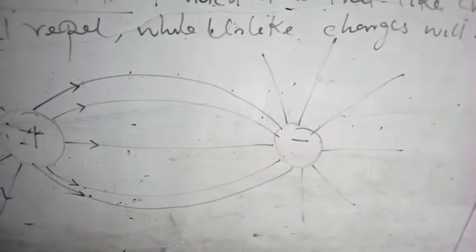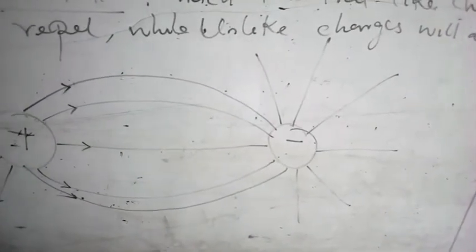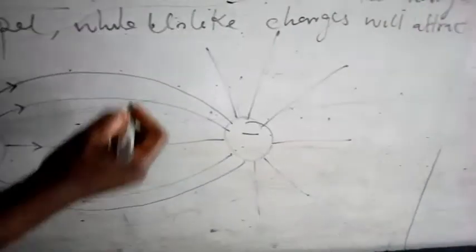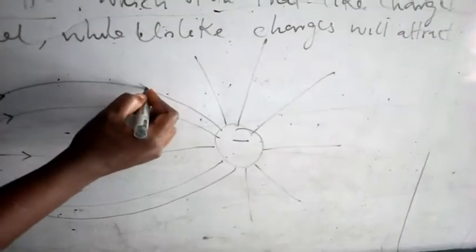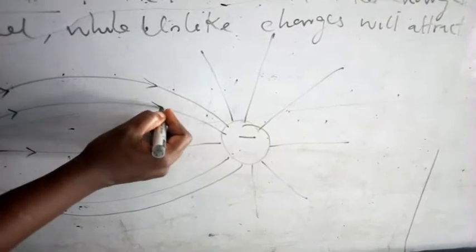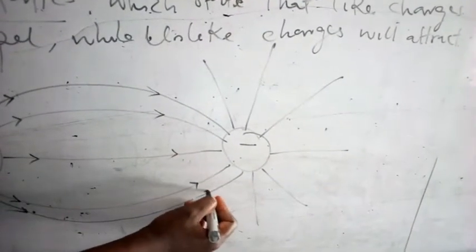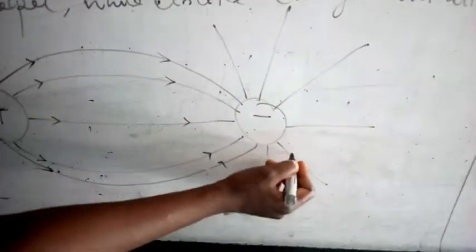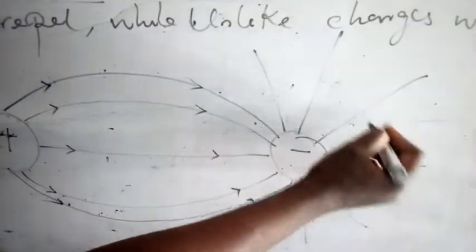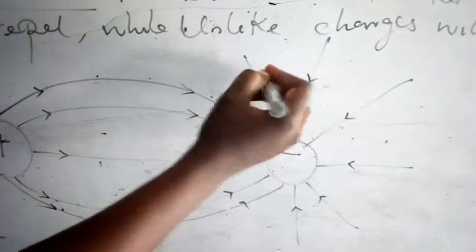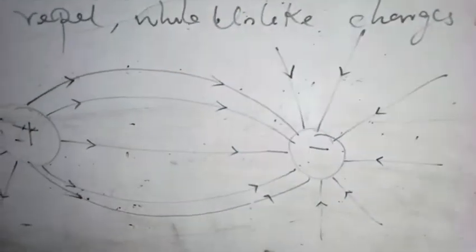It terminates the field lines. So the field lines terminate in itself. When it goes, it comes here to be terminated, taking in the electric field lines. As simple as that. So unlike charges will attract.